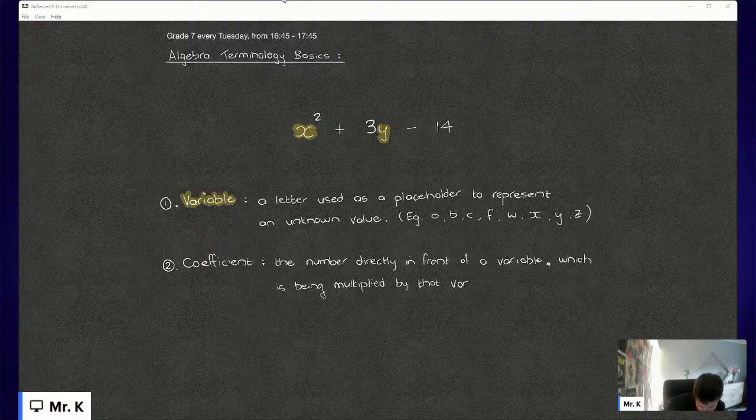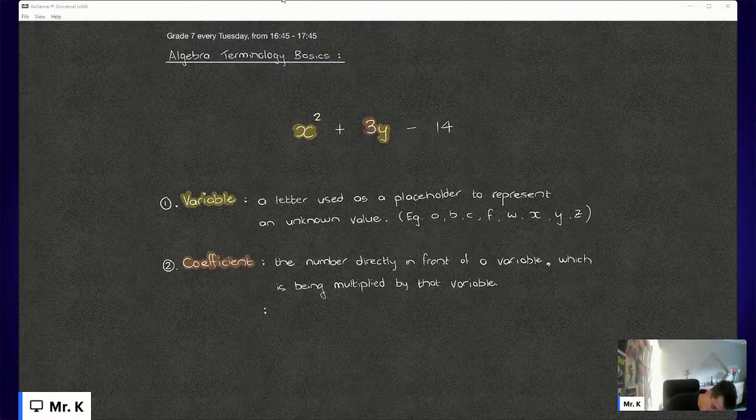So that sounds like a lot of confusing terminology, but what does it mean? It's the number that we see directly in front of our variable.